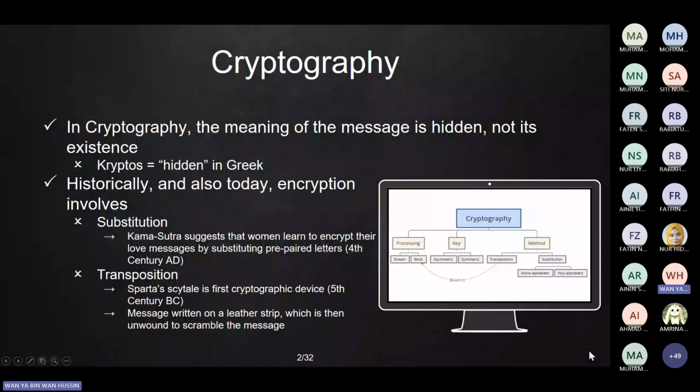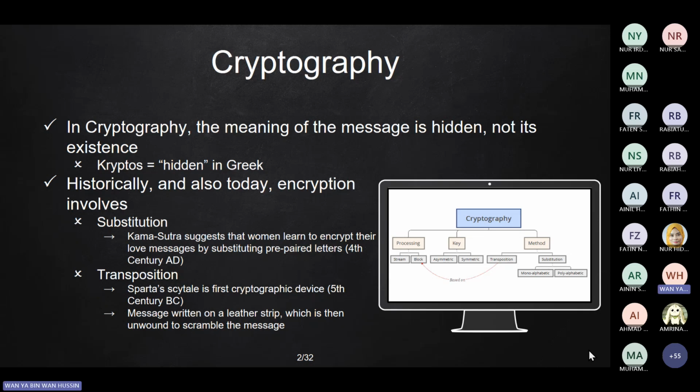Okay, for this topic, you should know what is cryptography or encryptions or cipher. All of these have the same meaning. What is encryptions? What is decryptions? What is key?